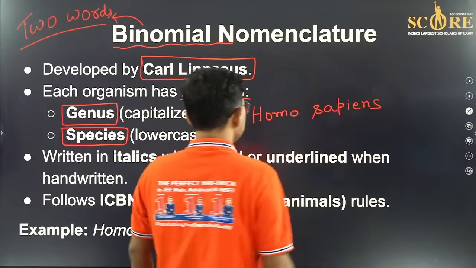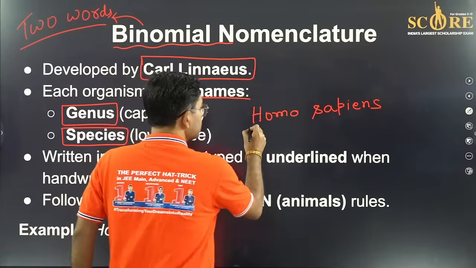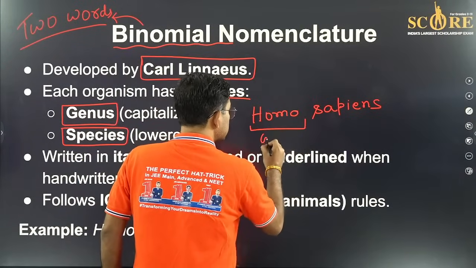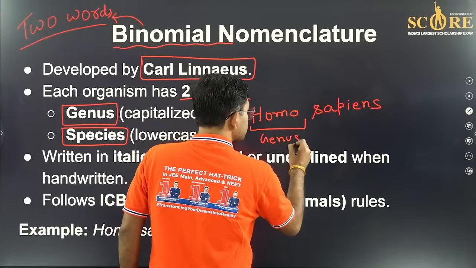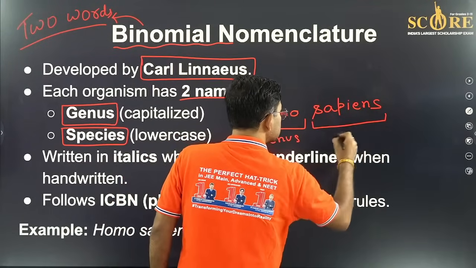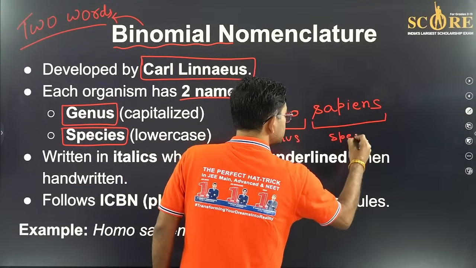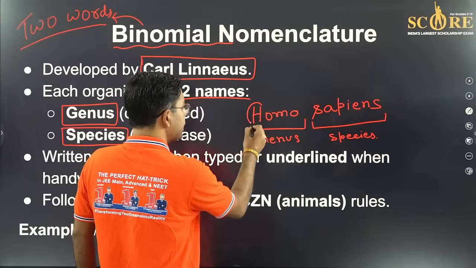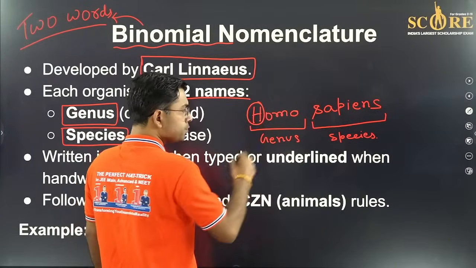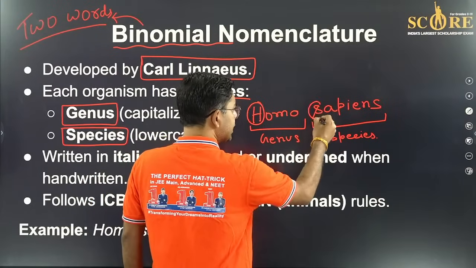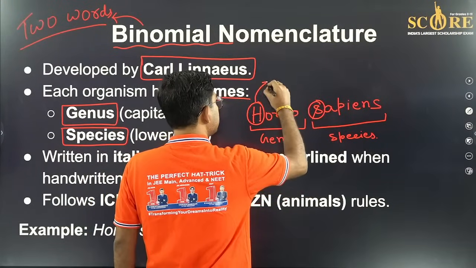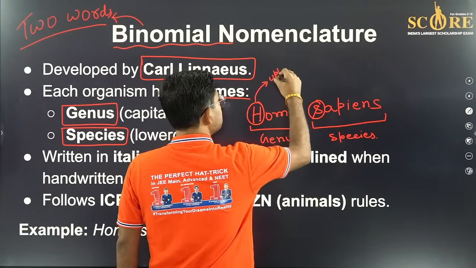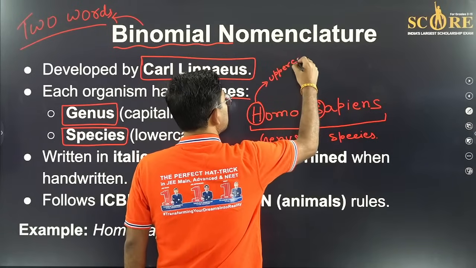Here the first word is the genus, the second word is the species. The genus first letter is H, Homo. For the species the first letter is s. Now you can see clearly this one is uppercase. Uppercase is also called capital.